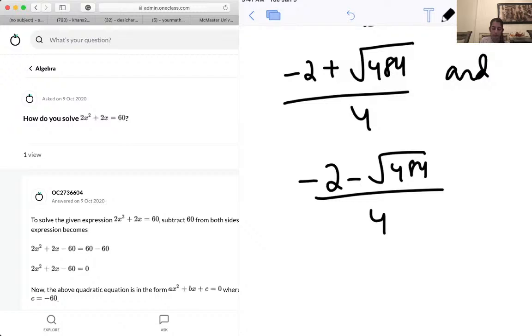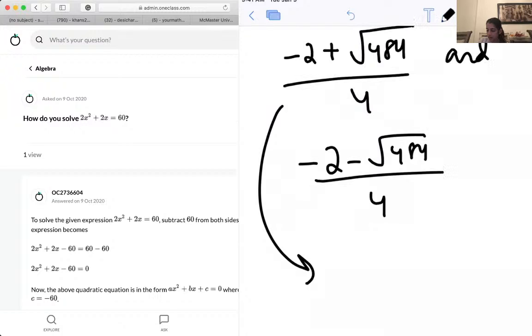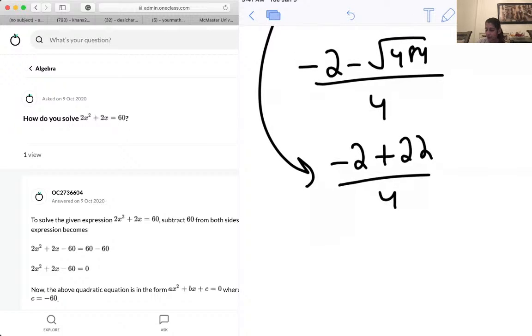So again, put in the calculator. It is 22. So our first one would be negative 2 plus 22 over 4, which is 20 over 4, which is equal to 5.